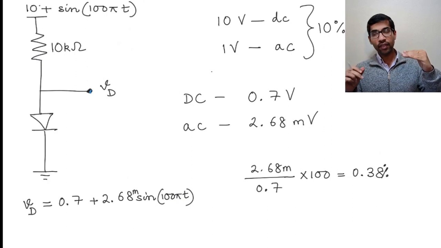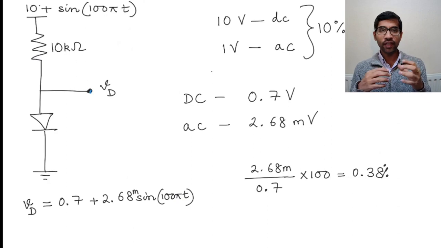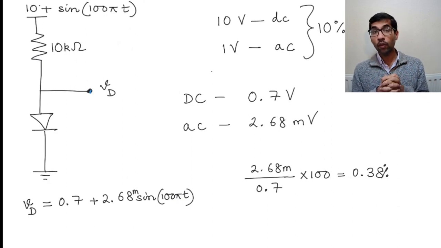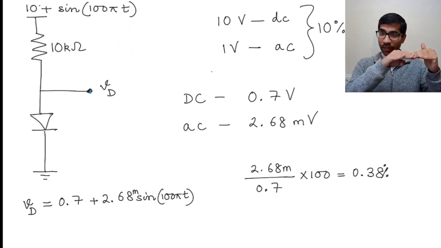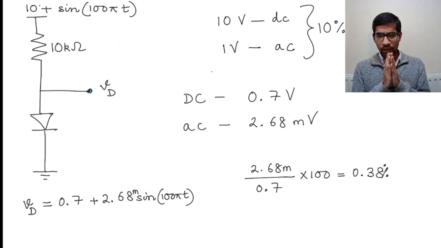Where is this used? This is used in applications where you want to have a constant voltage. Let's say for some reason your source is not able to give you a constant voltage. It gives you 10 volts, but with a 10% variation over your 10 volts. Then you say, what I want is a very accurate DC signal.